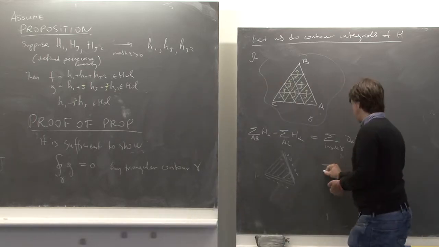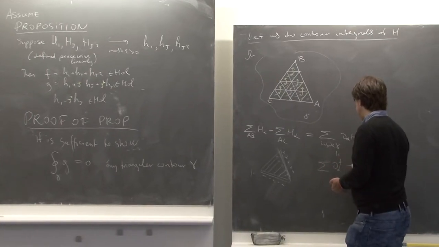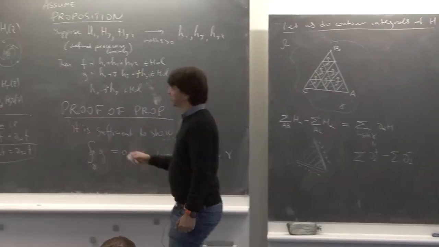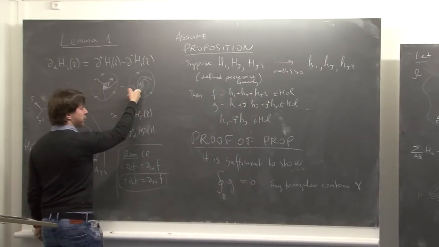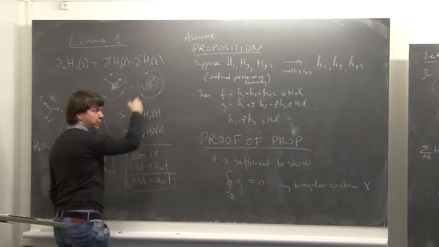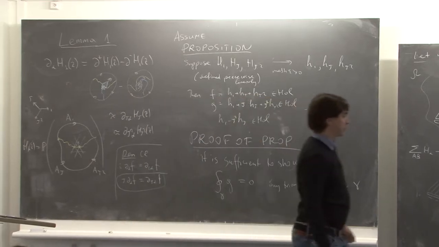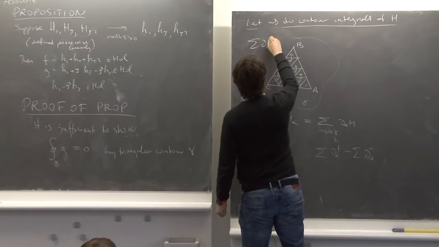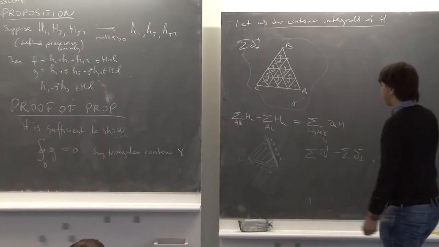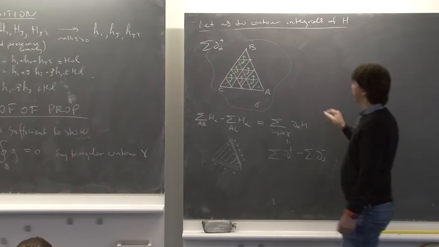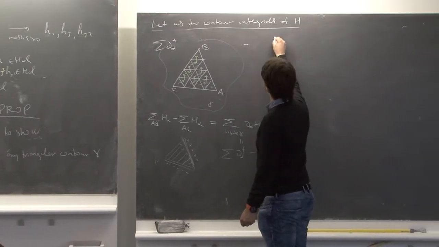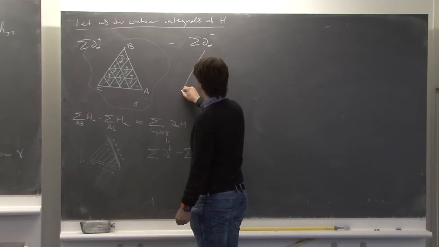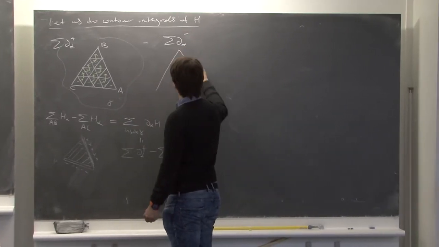Now this we sum as the sum of d alpha plus minus the sum of d alpha minus, because before we do the bijection, we have to consider those two different pictures. So it would be the sum of d alpha plus minus the sum of d alpha minus, which would also be with the same picture.